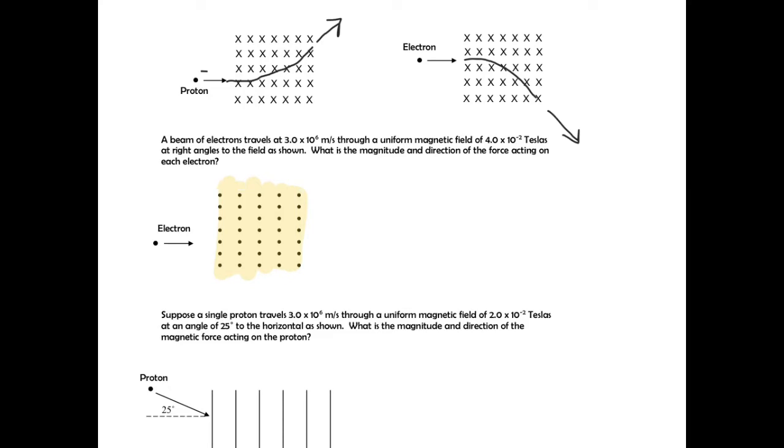And with your thumb pointing in the direction, you would see that the electron would do like the proton did above. The electron will experience circular motion up as it goes through the field. So that's the direction, and the force would equal BVQ.